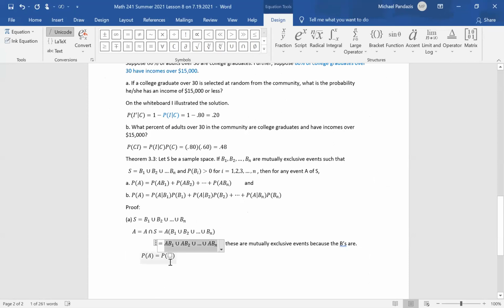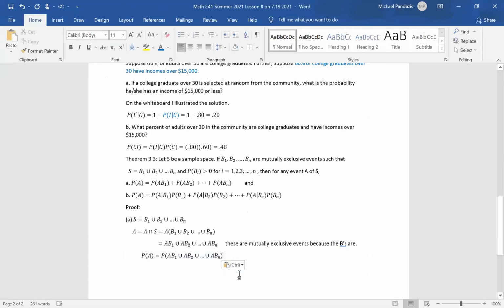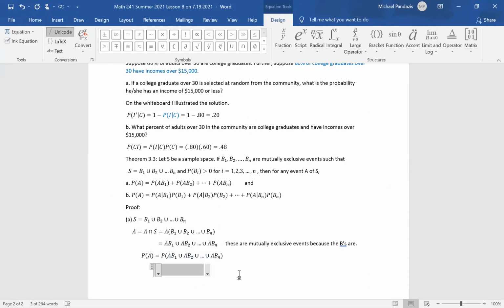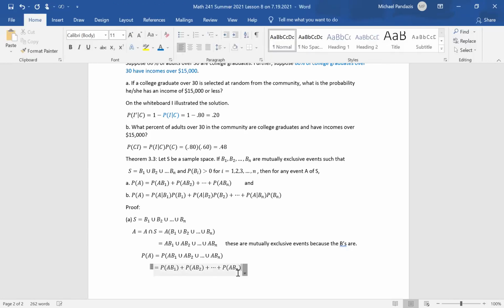So probability of A is equal to the probability of that. And then, because those are mutually exclusive, that's equal to the probability of AB1 plus probability of AB2 plus ... plus the probability of ABn. So see that? So now we just proved that the probability of A is equal to the sum of these probabilities. And so part A is proved.